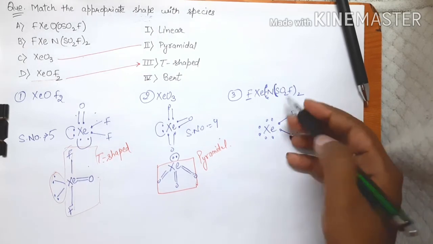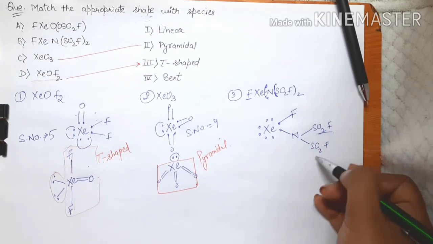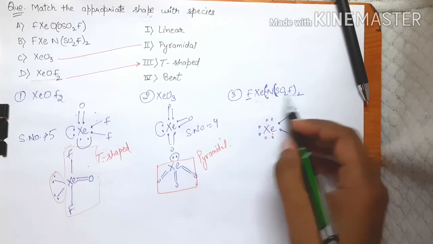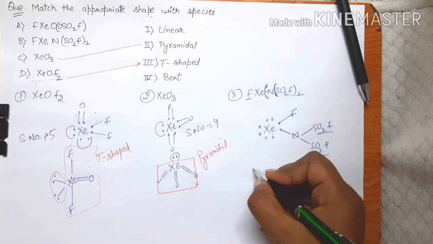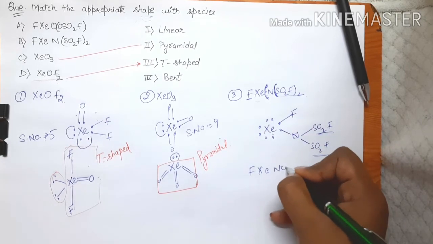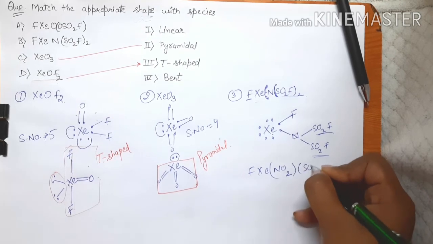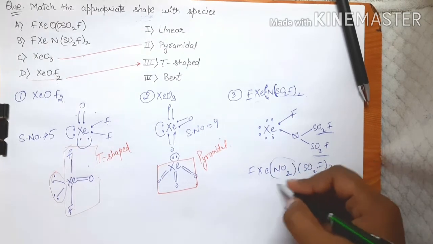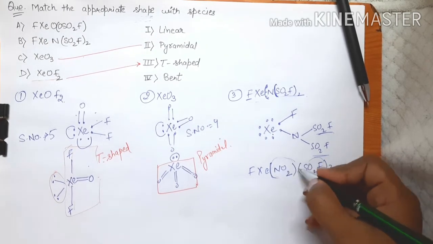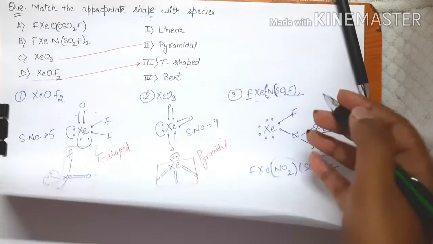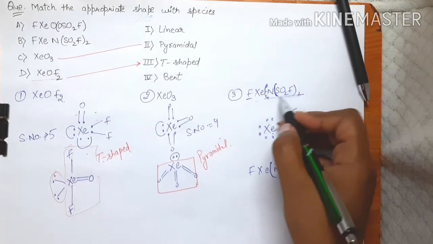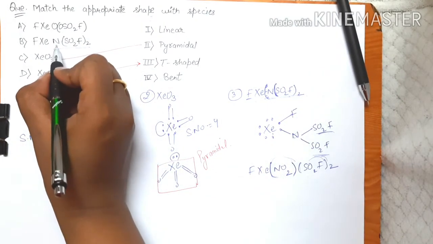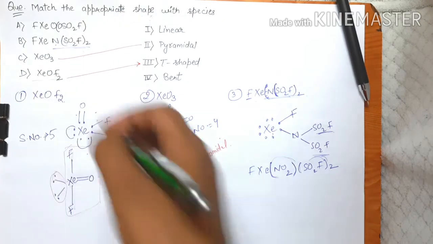Here what you have to remember is that these 2 SO2F groups are attached with nitrogen and not xenon. If instead of this type of molecule, a molecule like NO2(SO2F)2 had been given, then we'd attach NO2 separately and SO2F separately because these are given in different brackets. But these are not given in different brackets, they are given like this, right?